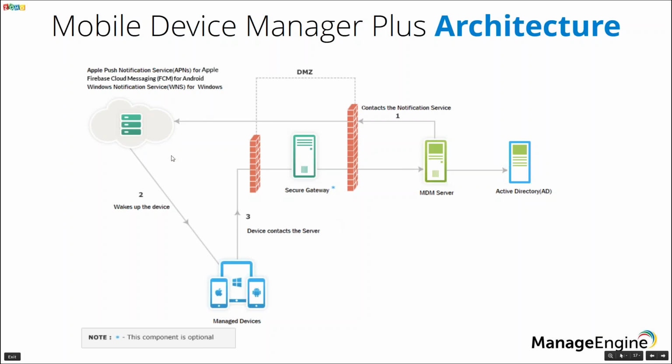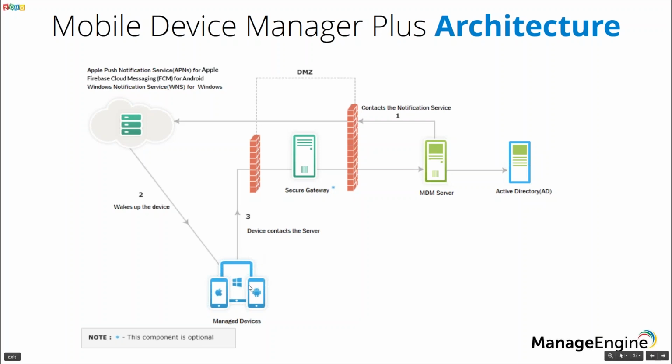And to understand the workflow, or how an end device is managed, let's assume I would like to find out the location of an iPhone. What I'll do, from the MDM console, is initiate a command, say locate device, and that command will be sent to the notification service. Since I wish to find the location of an iPhone, the Apple Push Notification Service will be contacted by our MDM server, which in turn will wake up the device using the UDID of the mobile phone.